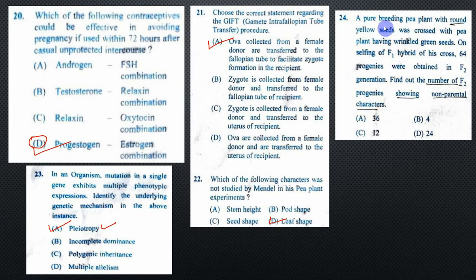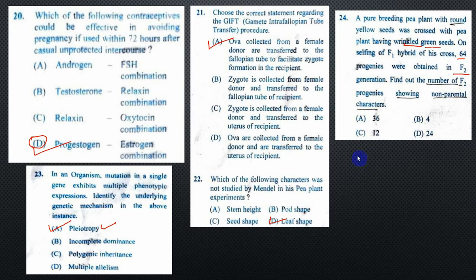Moving on, we have the next question. A pure breeding pea plant with round yellow seeds was crossed with a pea plant having wrinkled green seeds. They have given two characters, round yellow and wrinkled green, which means it is a dihybrid cross. On selfing the F1 hybrid of this cross, 64 progenies were obtained in the F2 generation. Find the number of F2 progenies having non-parental characters.